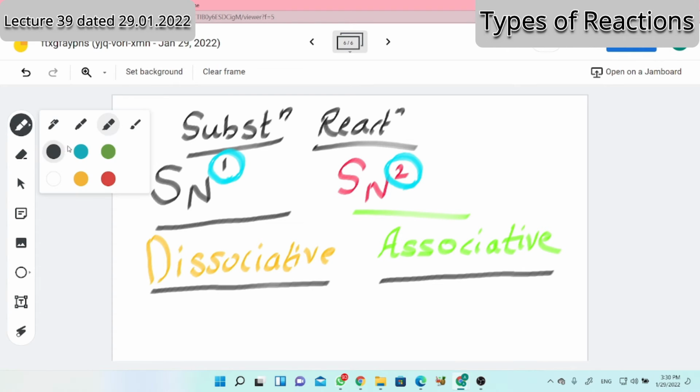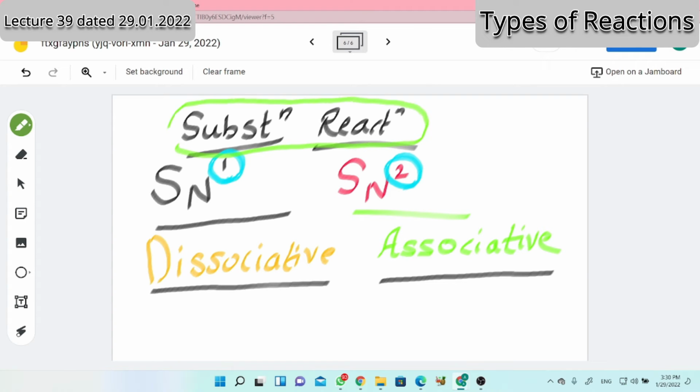See, I am talking here about substitution reactions. Out of the two types of substitution reaction, one is nucleophilic and the other is electrophilic. I am talking here about nucleophilic substitution reactions. These reactions are of two types. One type is called SN1, the second type is called SN2.